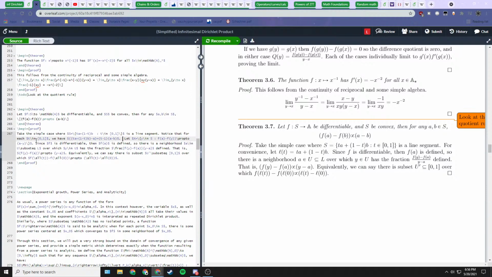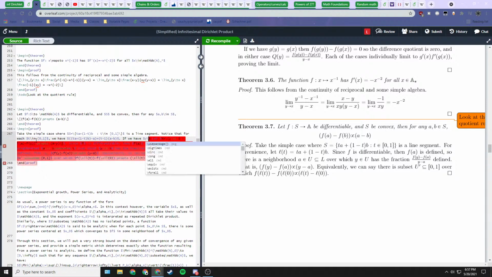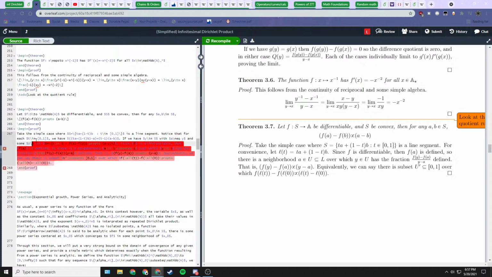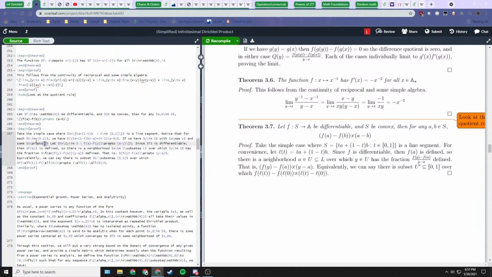So if we have y in S with a not equal to y and some z proportional to a minus y, then also z is proportional to a minus b.